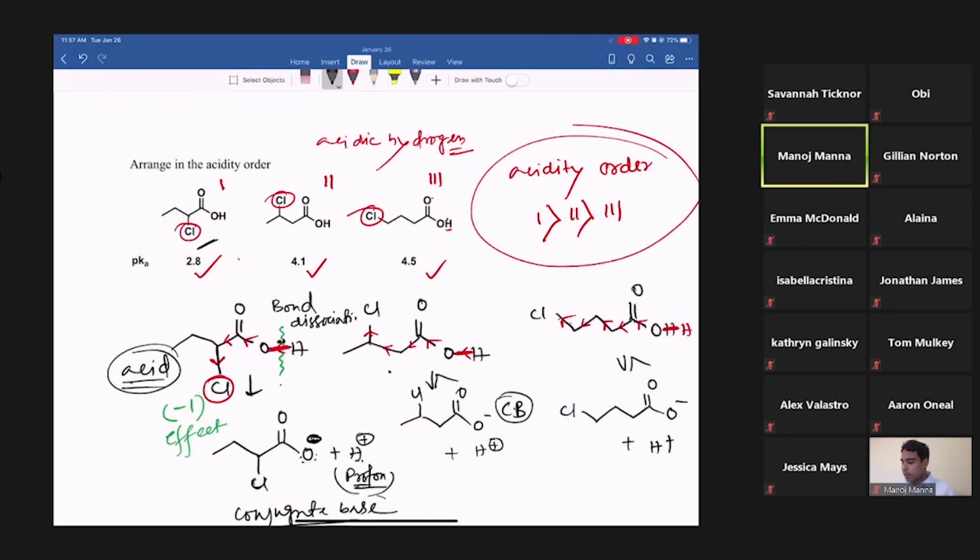That's why. So you can see over here the pK values. Whenever I decided using the inductive effect, I said this is the order, and also you can see the pK values 2.8, 4.1, 4.5. What I said, the lower the pK value, the higher the acidity. Also you can see it's matching, right? Whatever I discussed. So 2.8 means this should be more acidic.